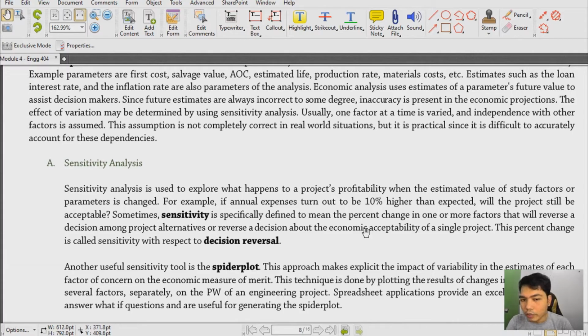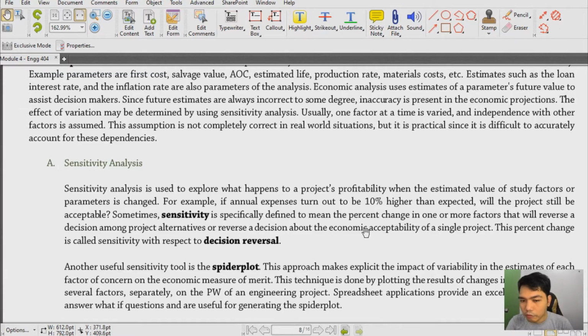So to answer that, you can perform a sensitivity analysis wherein you will try to use the new MARR, the adjusted MARR. So let's say you started with 5% and you try to compute for 10% or then 15%, 20%. So pwedeng ganon, and then you can look at the graph or just look at the point wherein we will have the decision reversal.